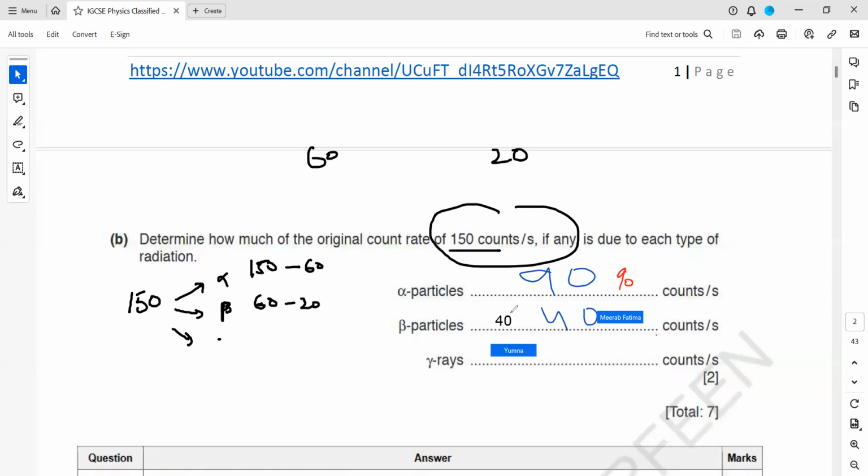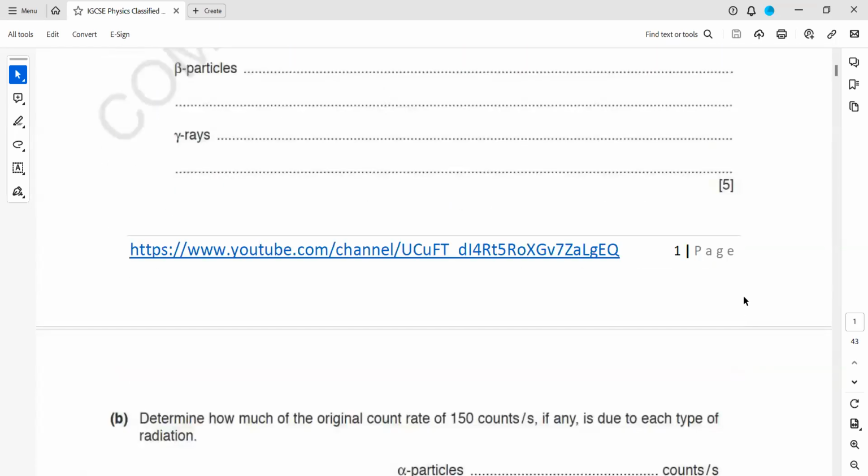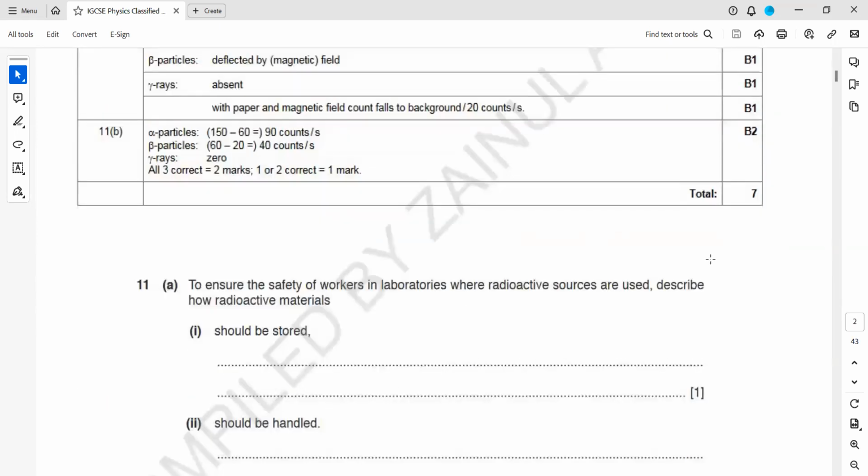And then the remaining gamma: there will be no gamma, 0. And that was a background, which is 20. So 20 plus 90 plus 40, the total sum should be 150. So this was one question from atomic.